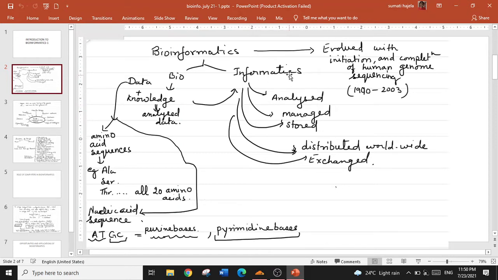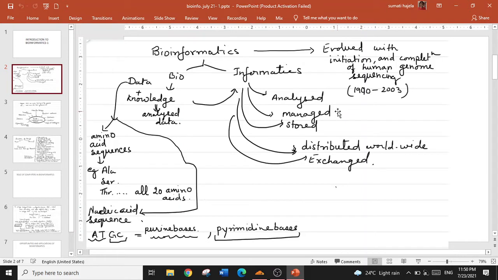Now, this informatics part is responsible for storing, managing, and analyzing data. Both raw data and knowledge are stored in computers. It is managed so that it is kept as such for a very long time.